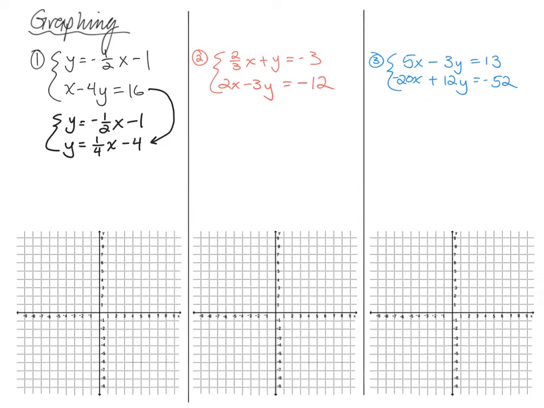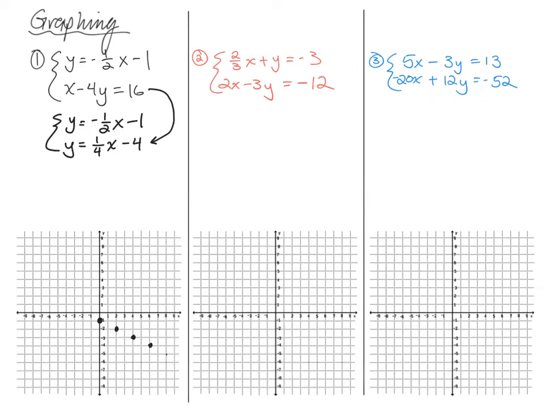So from there, we will come down here and graph these linear equations. The first of which has a y-intercept of negative 1 right there, and the slope is -1/2, which means we will go down 1, right 2. So there, there, there.